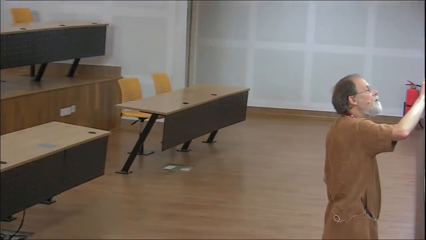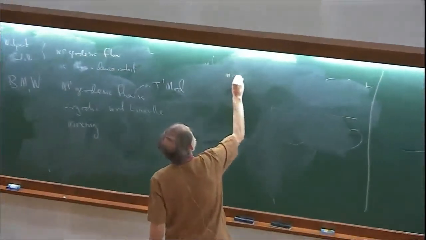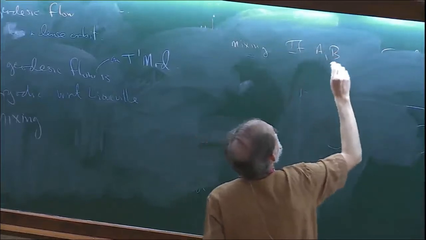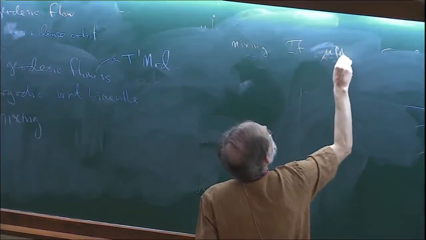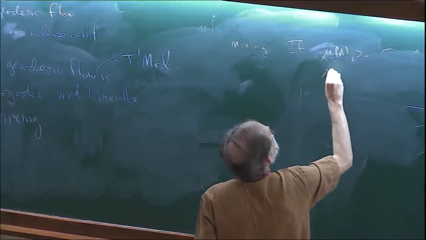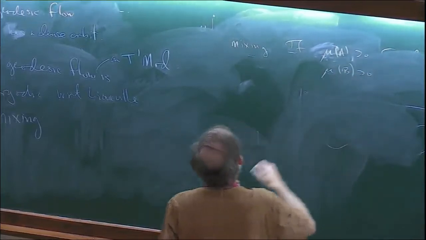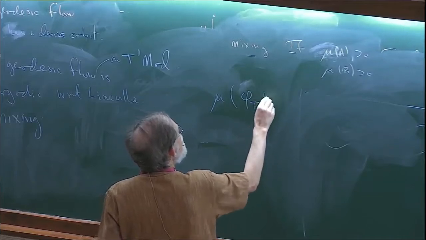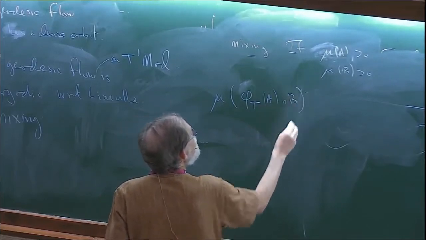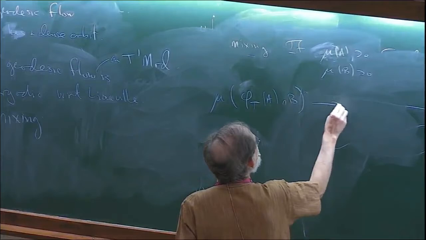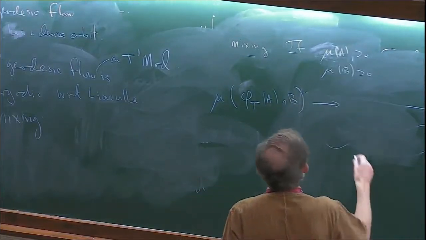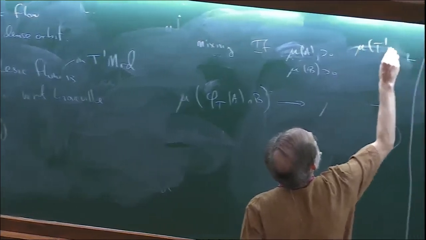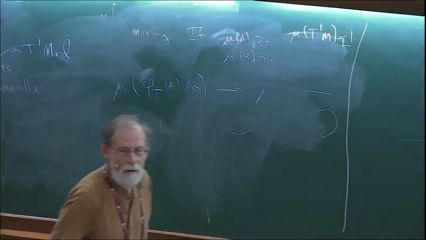So I want mixing, it means something like if A and B, if I have mu of A positive, mu of B positive, if I look at the measure of phi_t of A intersect B, this should converge to mu, and I'll assume that mu of the whole space is 1.